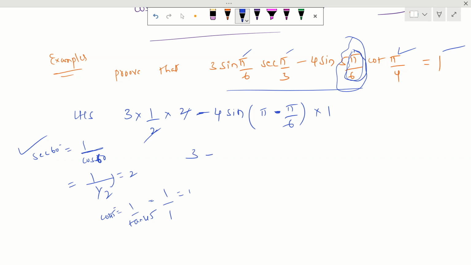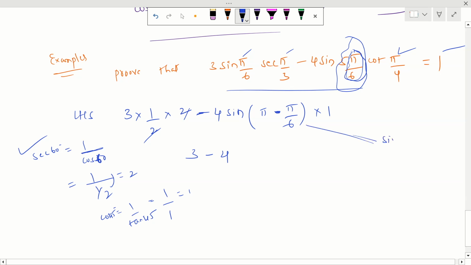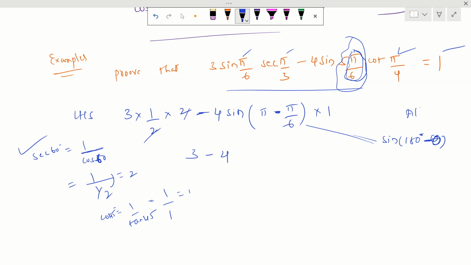And what about this 4? Sine of this is in which form? I'm writing it separately. Pi is 180 degrees, so it is in the form of 180 minus theta, that is allied angles. 180 minus theta lies in which quadrant? It is less than 180 degrees, so it is in the second quadrant.